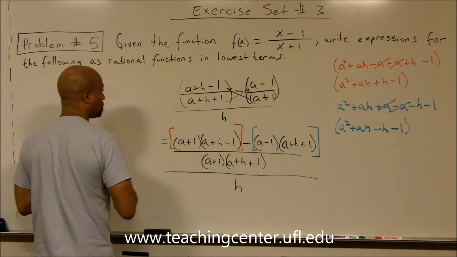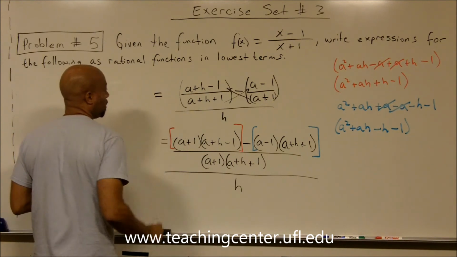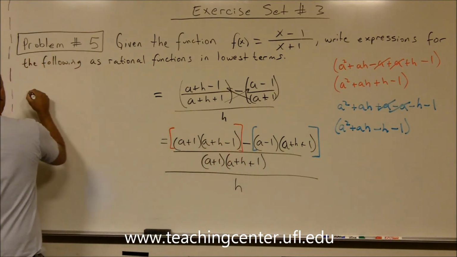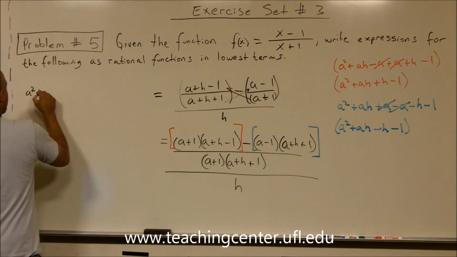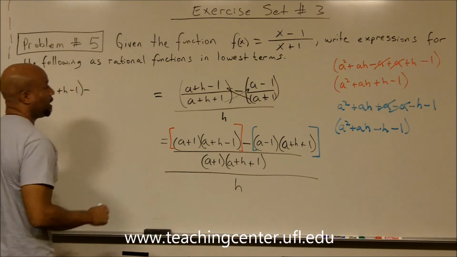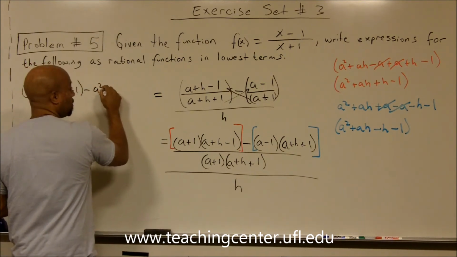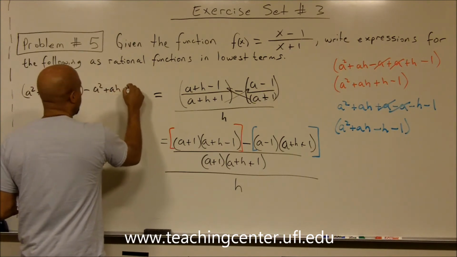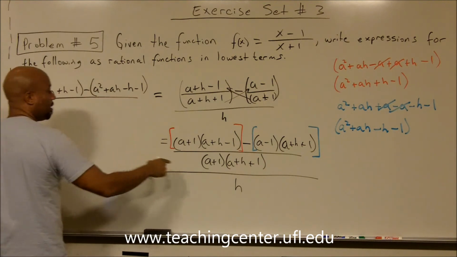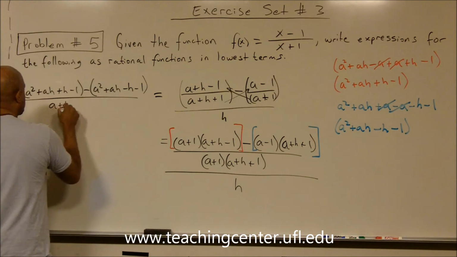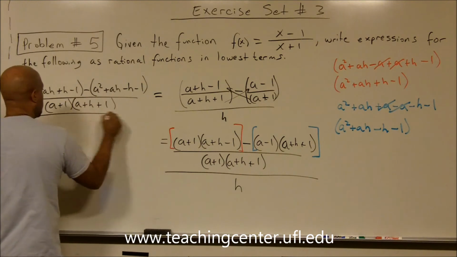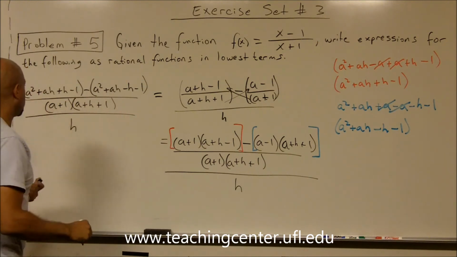All right. Now, we can simply subtract the blue from the red, so that we'll have a squared plus ah plus h minus 1, and subtract the blue, which is a squared plus ah minus h minus 1. And that's going to be over the common denominator, which is a plus 1 over a plus h plus 1. And that's all over h.